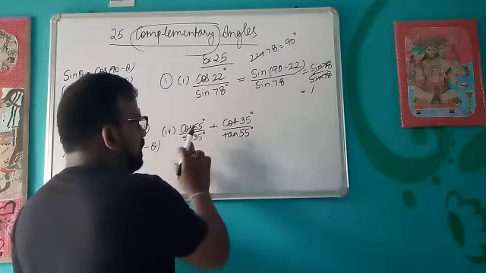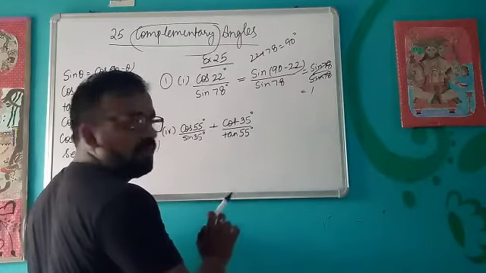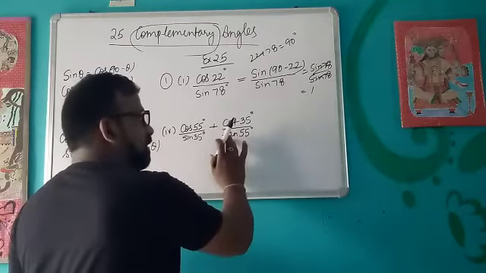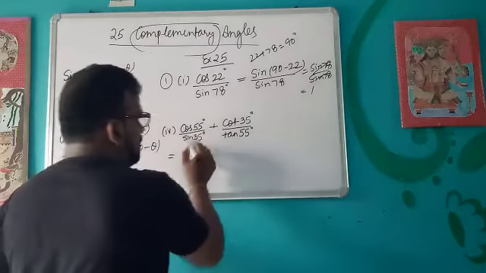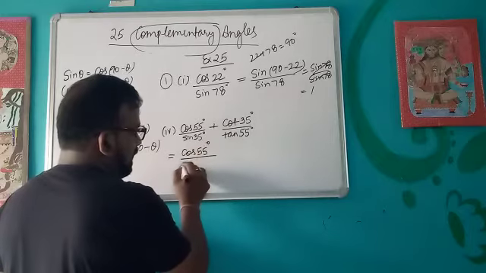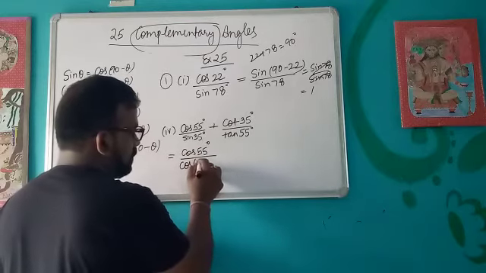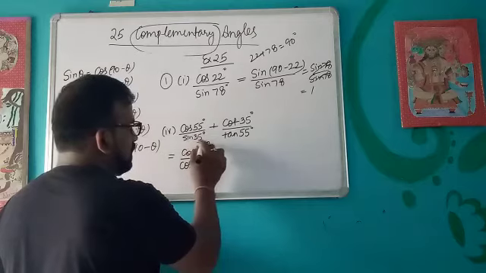So either you will replace sine or you will replace cos. Similarly in this, either you will replace tan by cot or cot by tan. Suppose you want to replace sine theta. What is our sine theta? It is actually cos of 90 minus theta. Okay, this is my theta.